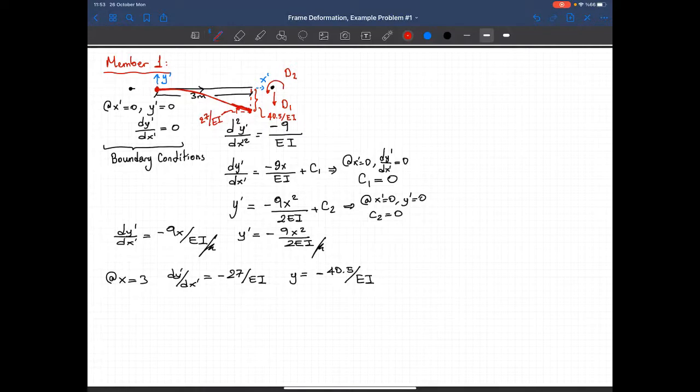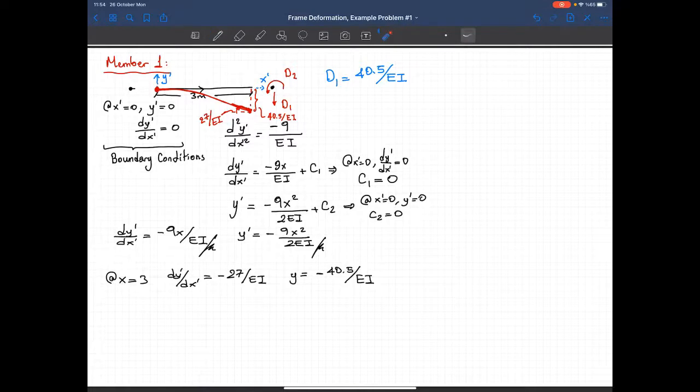Now let's determine the values of d1 and d2. So d1 is equal to, now remember that that's the direction that we choose for the d1. This is our positive direction for d1. And according to our calculations, it moved by 40.5 over EI in the same direction. So since the translation and the direction of the d1 is the same, the magnitude of d1 should be 40.5 divided by EI.